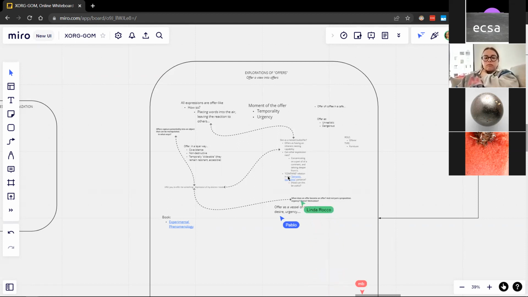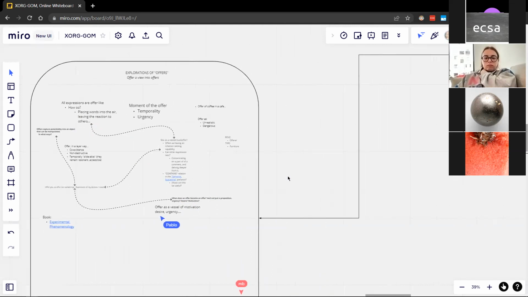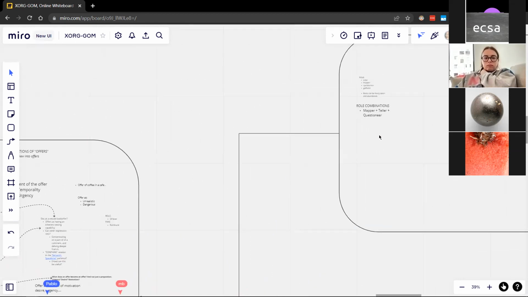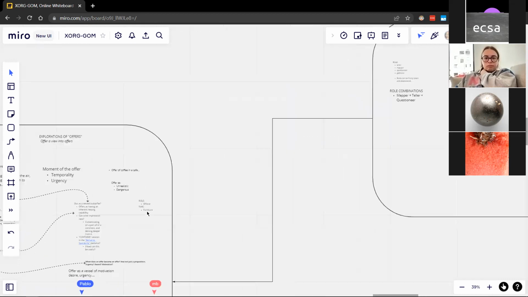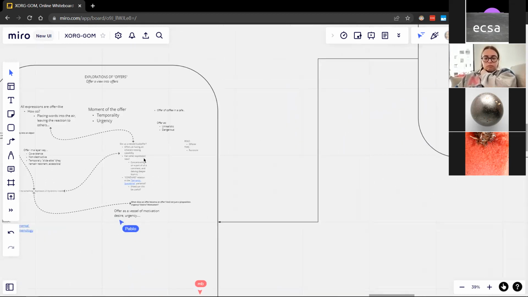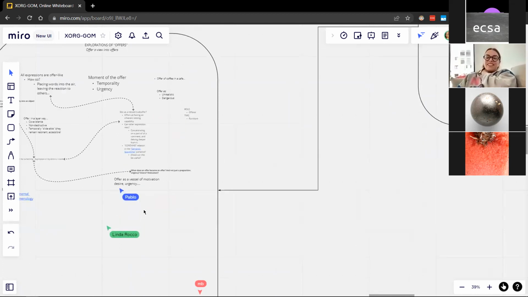But that map is also organizing these states and contemplative points. You could think of somebody else bringing themselves here, and then they would wander into this room, think about the nested subwoofer, and then walk from there towards the offer as a vessel of desire and urgency. So it's visitable in itself.